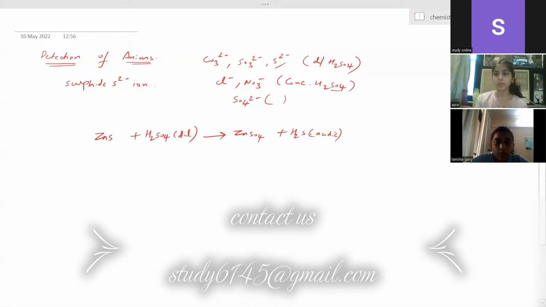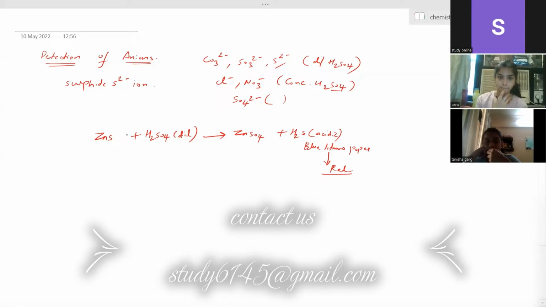Blue litmus paper. If you bring blue litmus paper to it, it will turn red. Clear? So this is how sulfide ion will be detected.